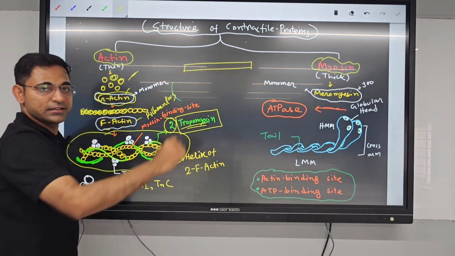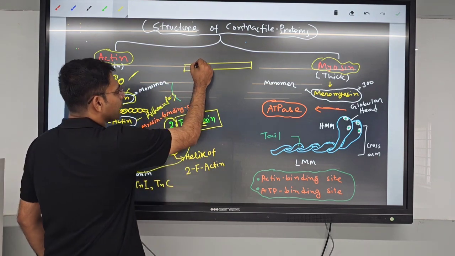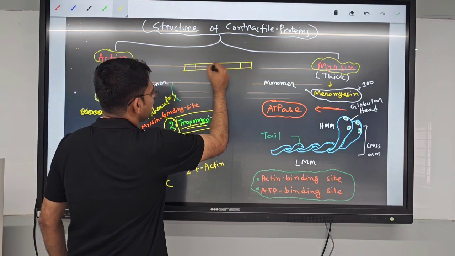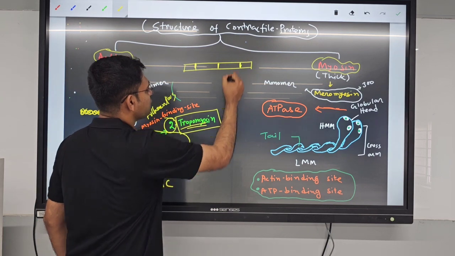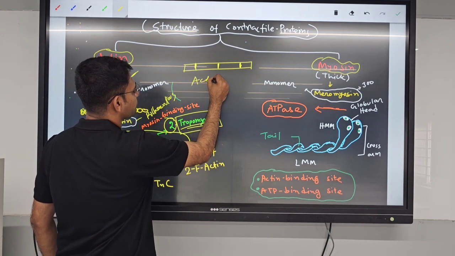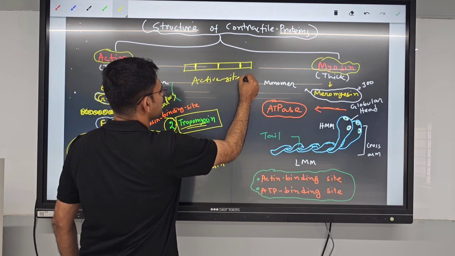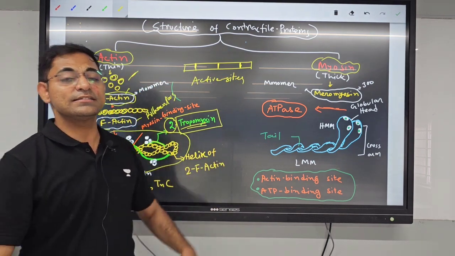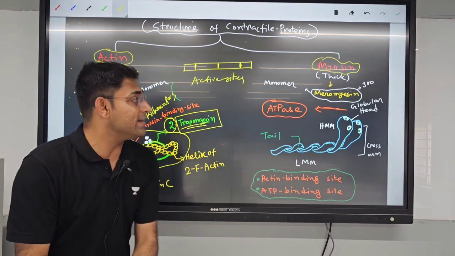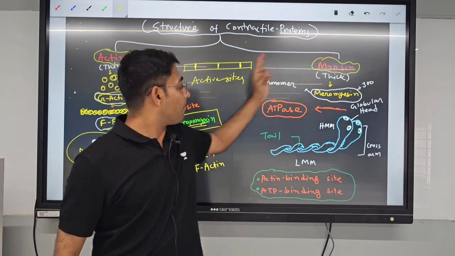Suppose this is the actin filament, the actin protein. Upon this actin protein, there are certain places which we call active sites. What are these active sites? These active sites are the binding sites for myosin.